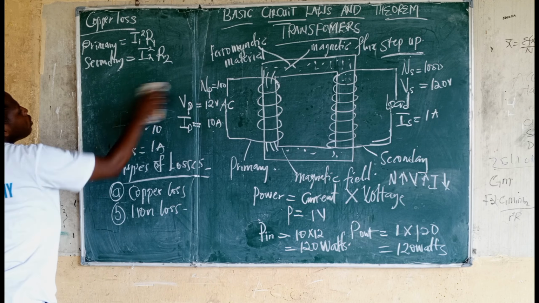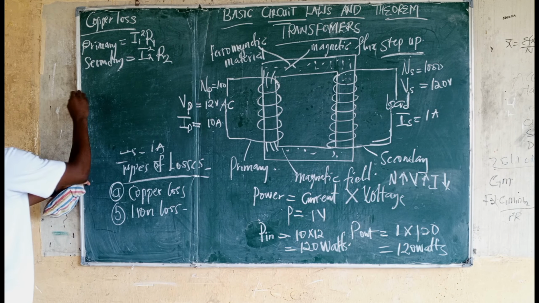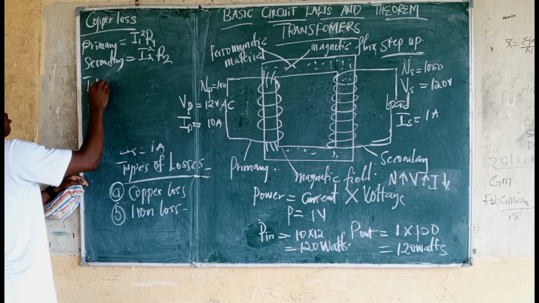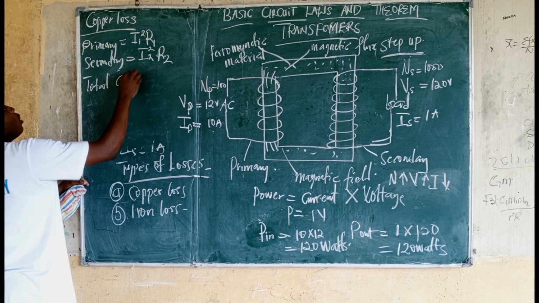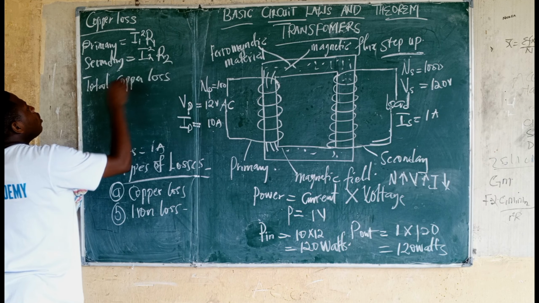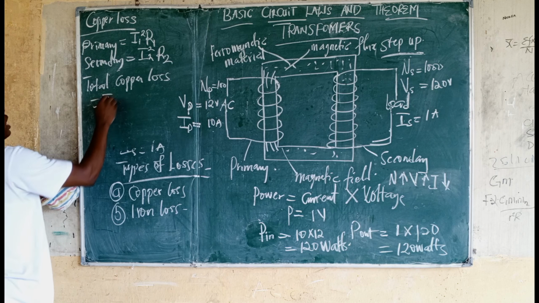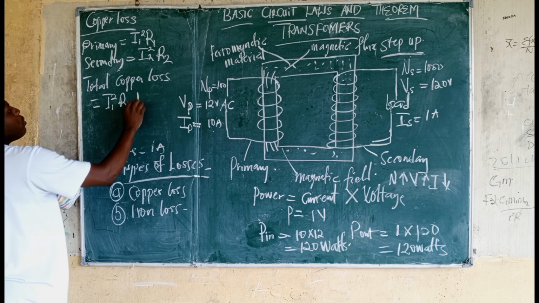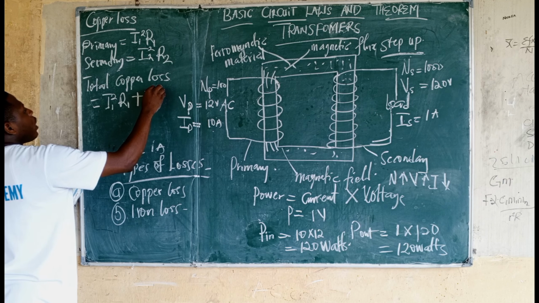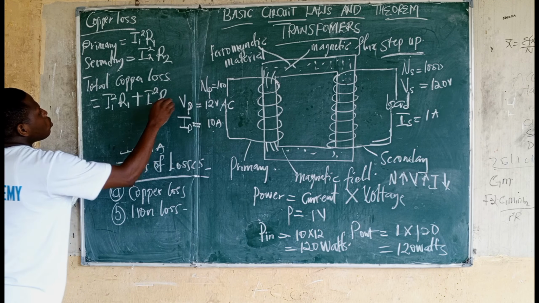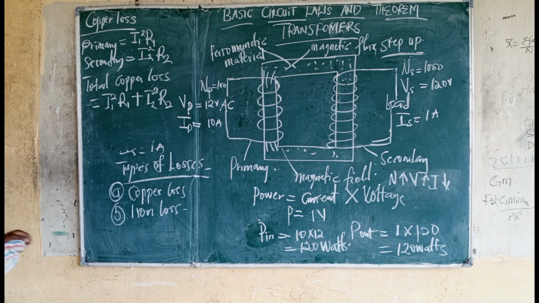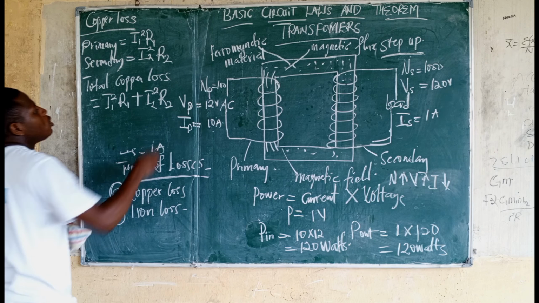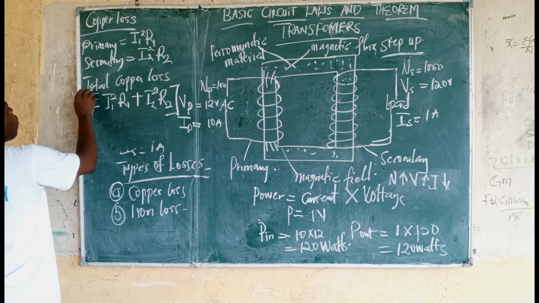So for you to get the total copper loss, the total copper loss will simply be I1 square R1 plus I2 square R2. So this is the equation you use to calculate for your total copper loss.